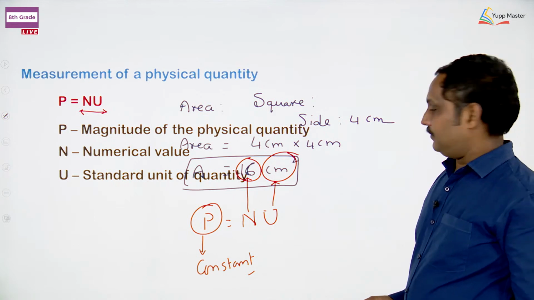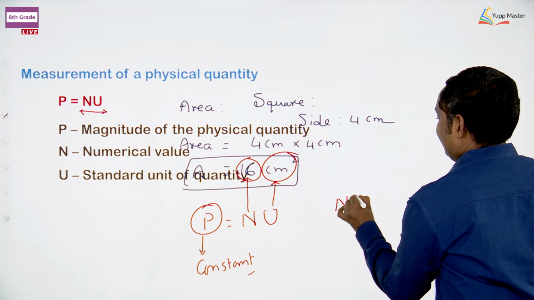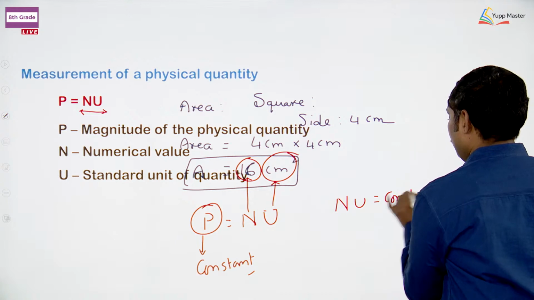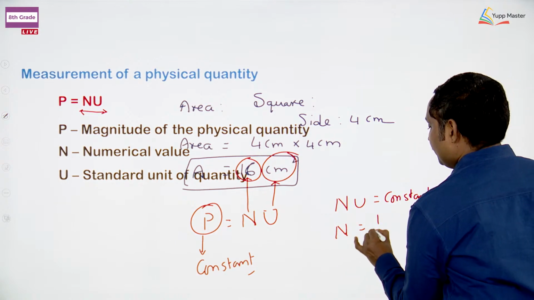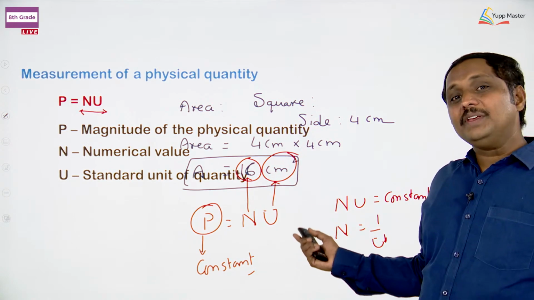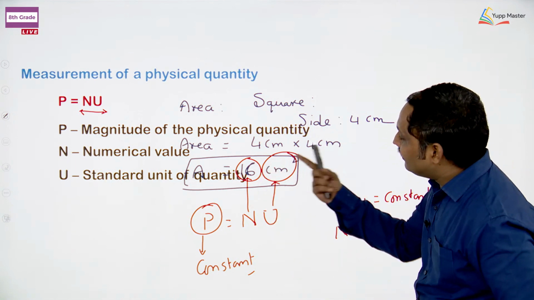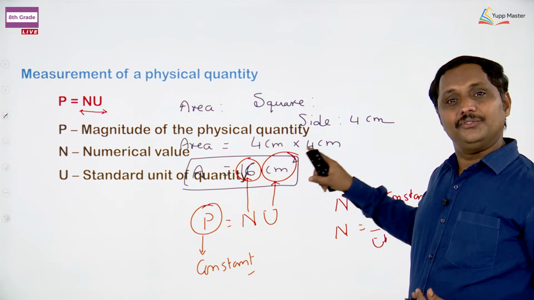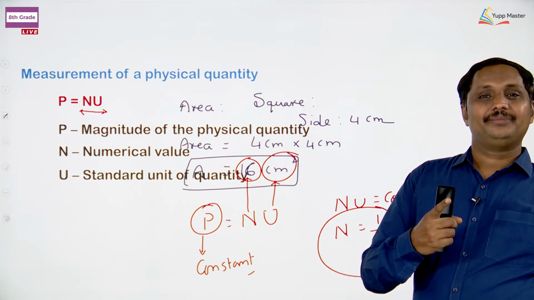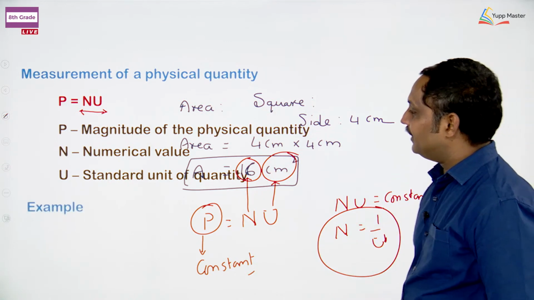Right, very clear. Now nU is equal to constant. So N varies inversely with the unit. So the numerical value is inversely proportional to the size of the unit. Whether you measure in meters or centimeters, it varies with the system of units you have chosen, higher and lower. It is very clear. Now let us go for another one.